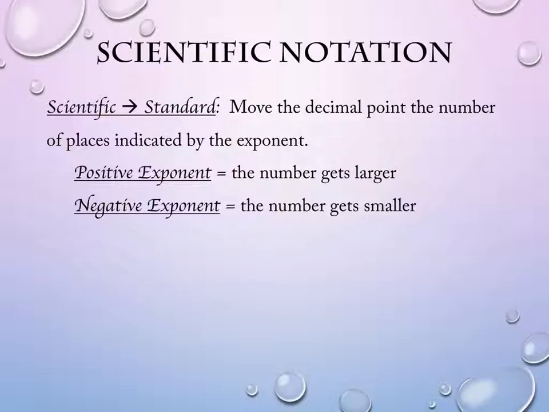If the exponent says 6, the decimal moves 6. If the exponent is positive, the number will be larger, right? It's going to be a big number when I'm done. If the exponent is negative, the number will be a small number when I'm done. Positive exponents, big numbers. Negative exponents, small numbers.